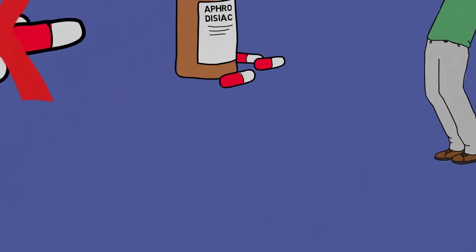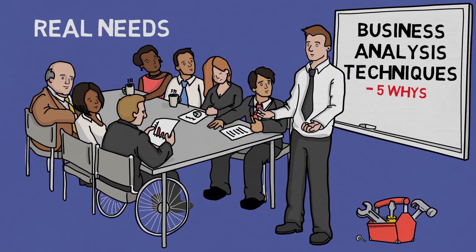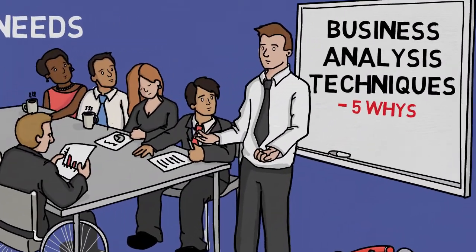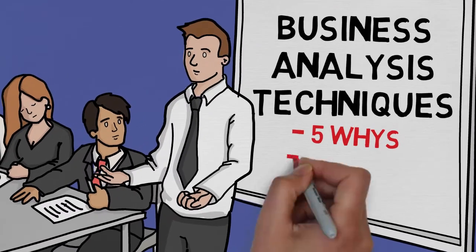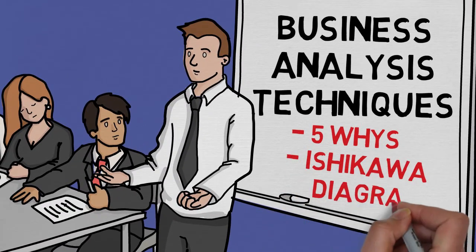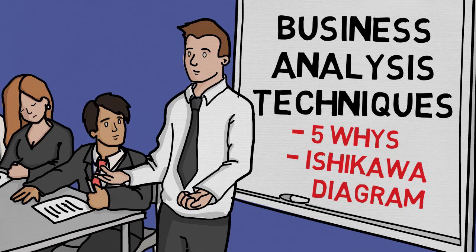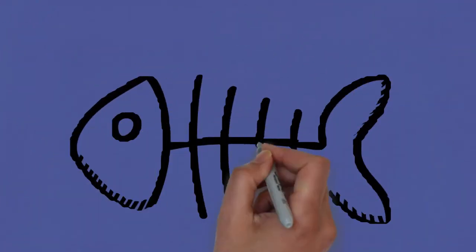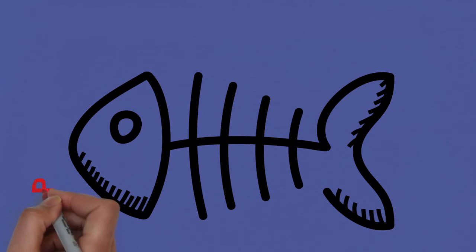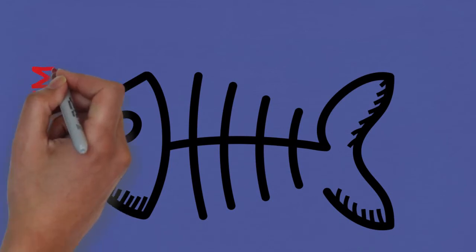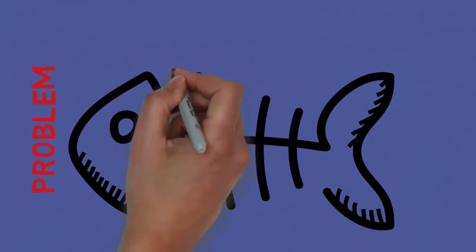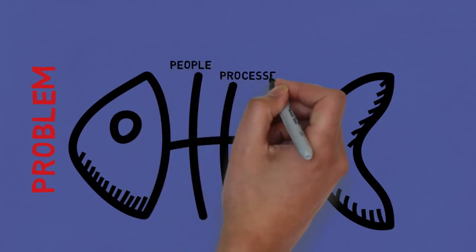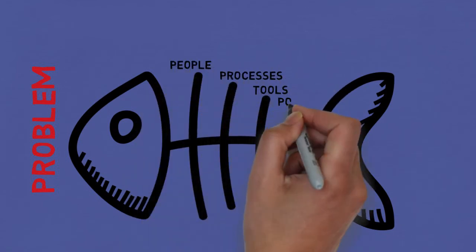For more complex problems with multiple causes, we can use some visual and structured approaches such as the Ishikawa diagram, popularly known as the fishbone diagram. In this diagram, problem decomposition is subdivided into categories to list possible causes. For example, people, process, tools, policies.